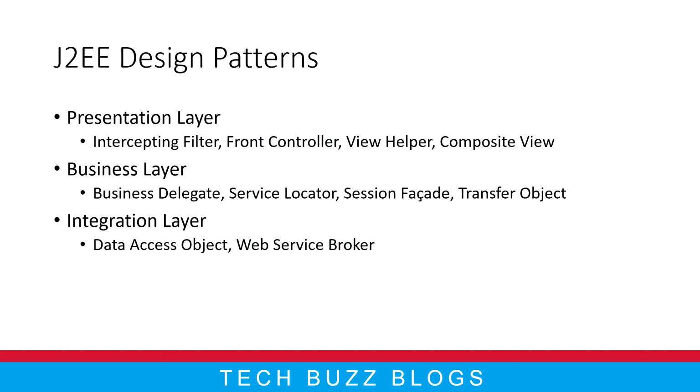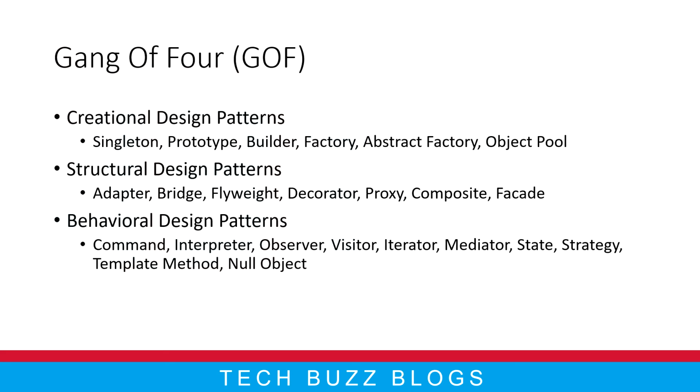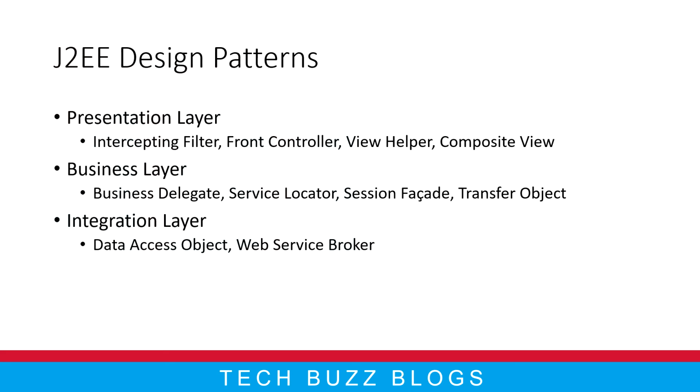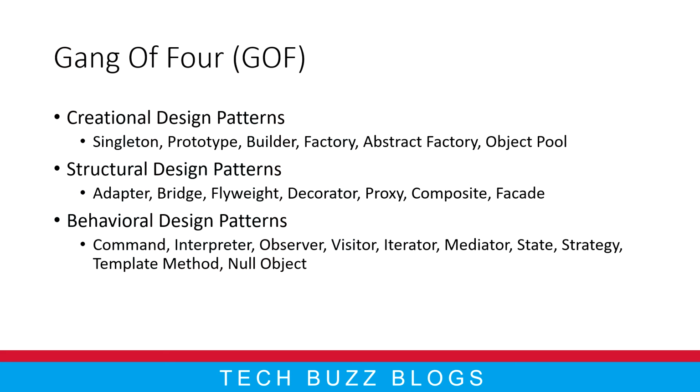Just try to understand overall what we are going to cover in this playlist. The main ones are the Gang of Four and J2EE design patterns. For everything internal, like singleton, prototype, builder, and factory, we'll see in the further videos what each one is and what its purpose is. We'll see one example as well for each and everything.